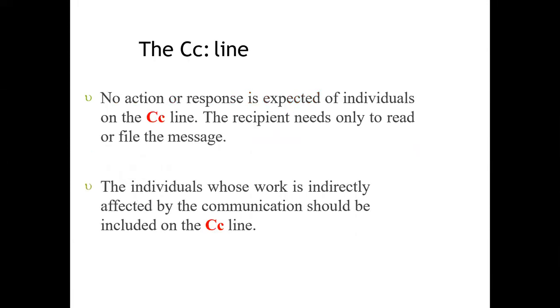And when we talk about the CC line, no action or response is expected of individuals on the CC line. CC means carbon copy, and the recipient needs only to read or file the message.